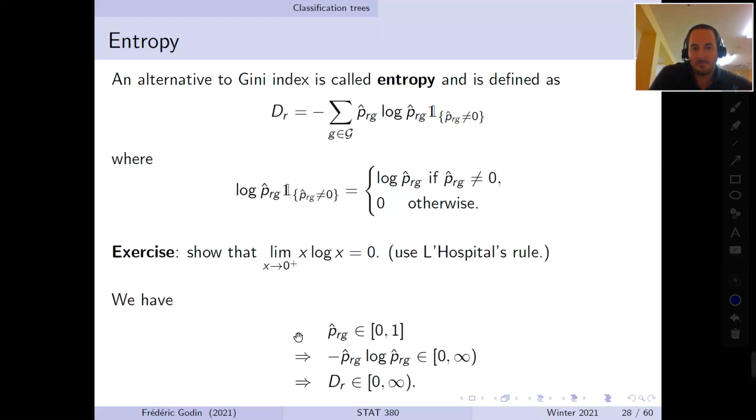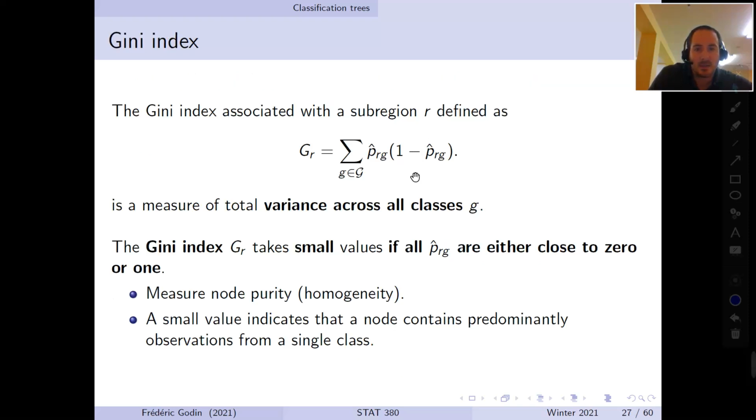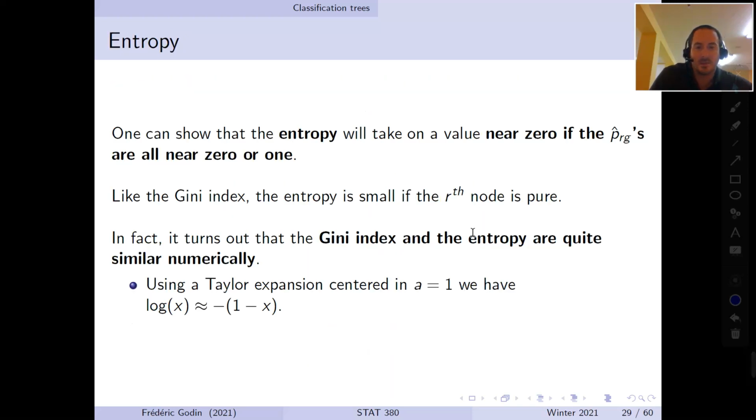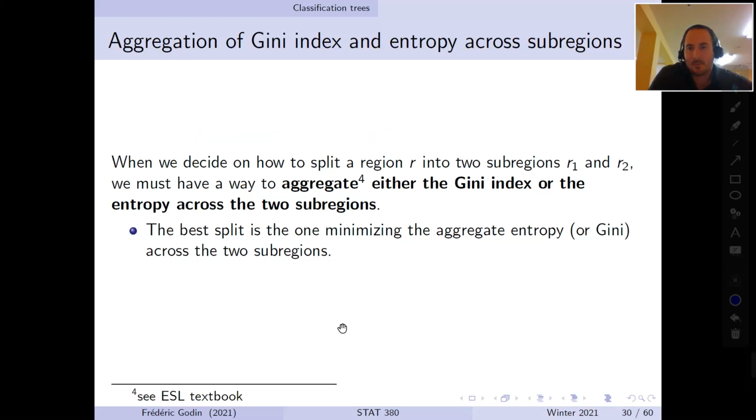If we replace the log here by minus 1 minus x, we fall back on the Gini index, where the log is replaced by 1 minus x and the minus disappears. This is why in practice using the Gini index and the entropy can give very similar results, because both are very close to one another based on this Taylor expansion.